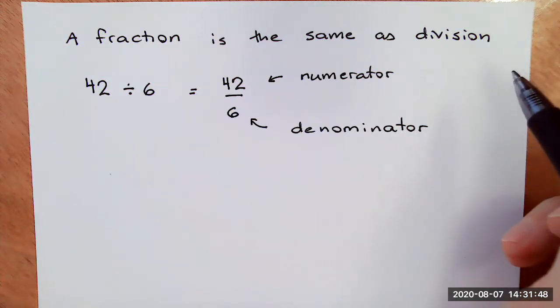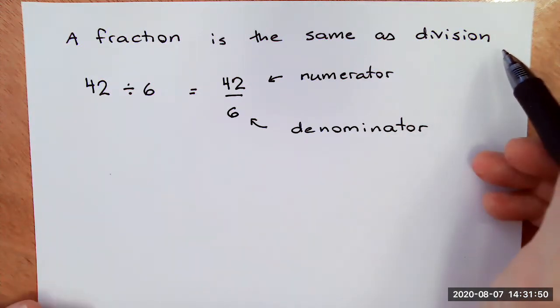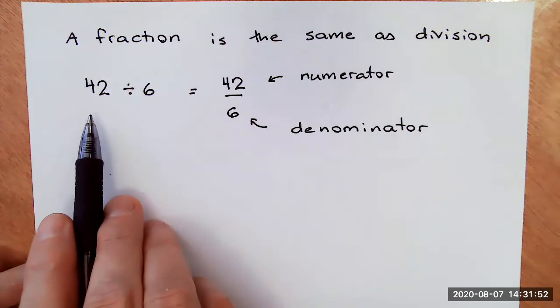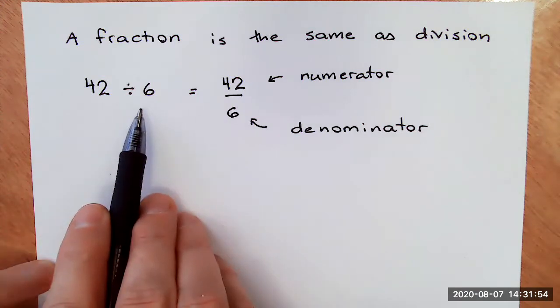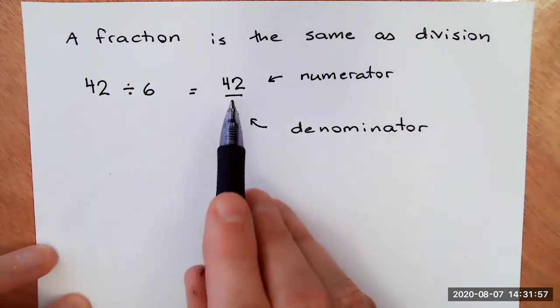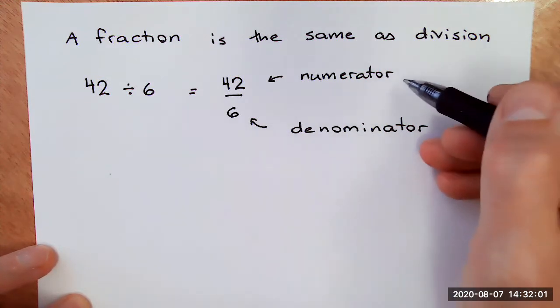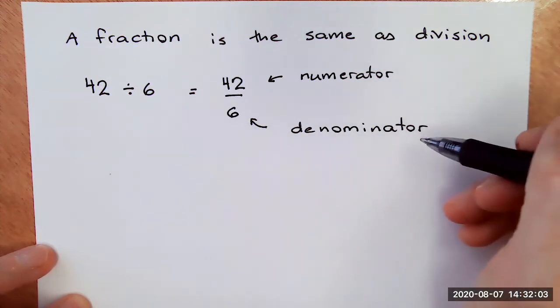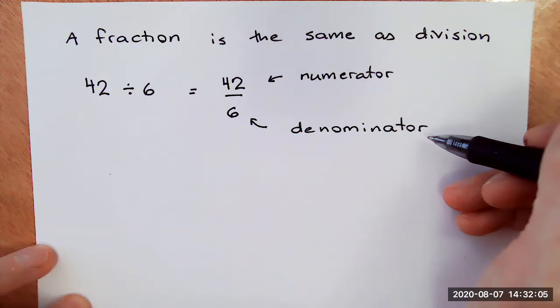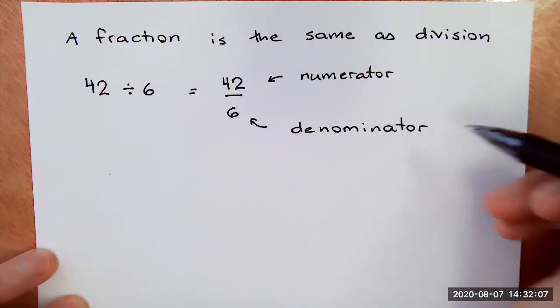A fraction is another way of writing a division. So 42 divided by 6 is the same thing as the fraction 42 over 6. The number on the top is called the numerator. The number on the bottom is called the denominator.